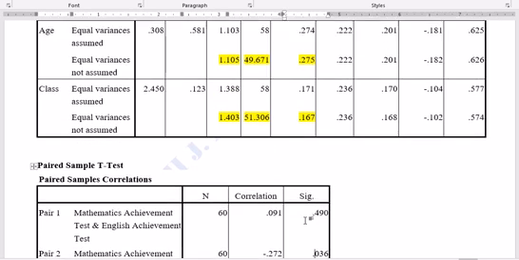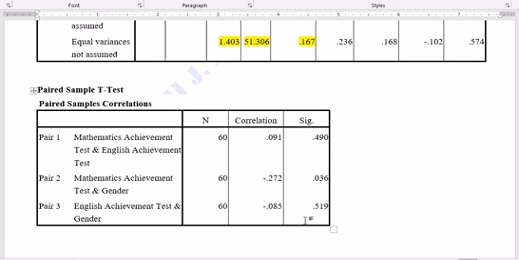Paired sample t-test. That's the third one. I paired mathematical achievement test and English achievement test for the first one. Paired 1, you see Paired 1. Paired 2, mathematical achievement test and gender. Paired 3, English achievement test and gender. And these are the number of observations, 60, 60, 60.